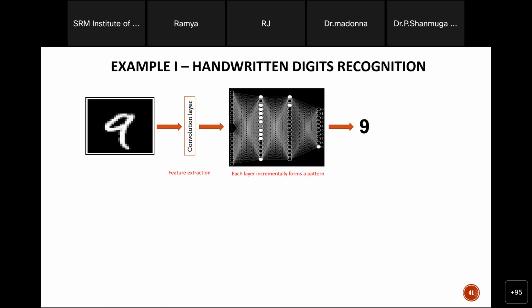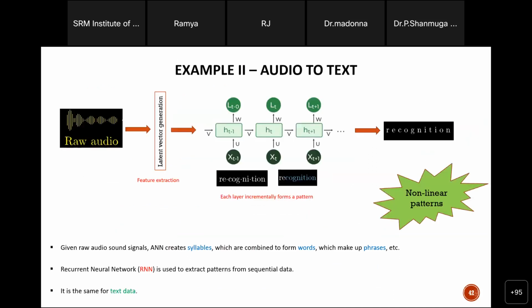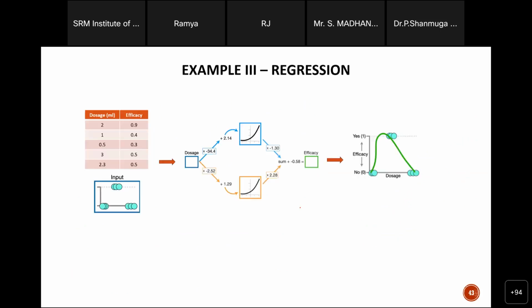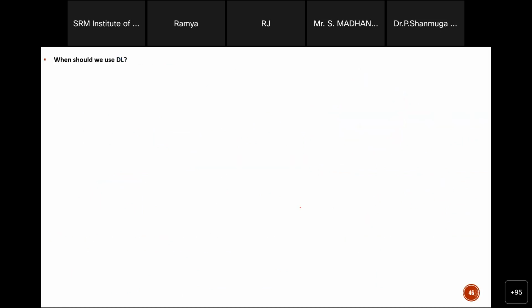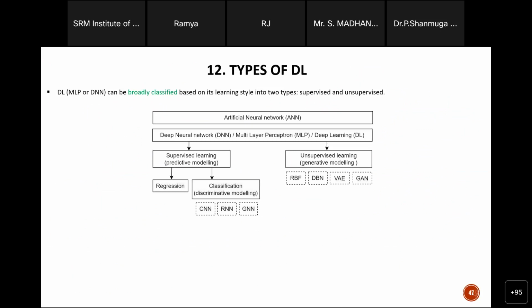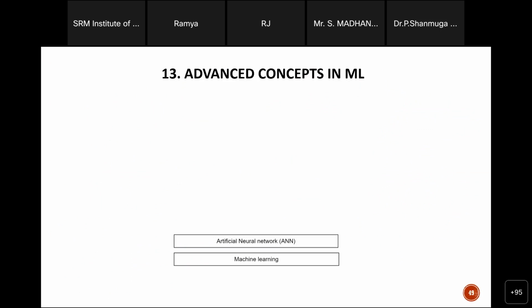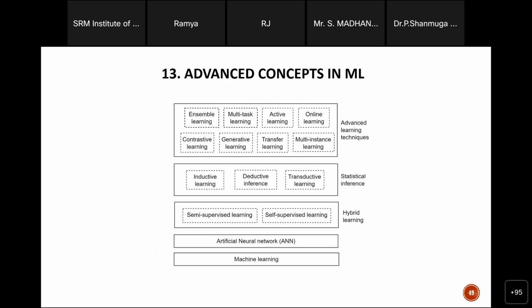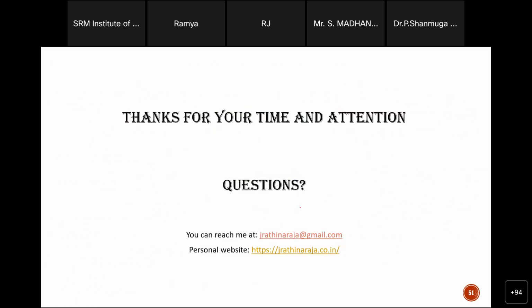I will tell you how handwritten digit recognition works, how text and audio classification works, and how regression using neural network works. And I will tell you how deep learning emerged, what deep learning is, what neural network is, what machine learning is, and different types of deep learning, and finally advanced concepts in machine learning. How you have to learn all these techniques one by one, and finally what model deployment is, and we'll end the game. So maybe another 30 minutes in the next session.